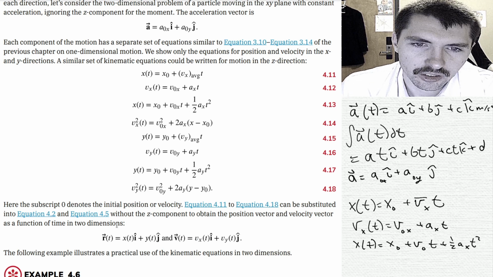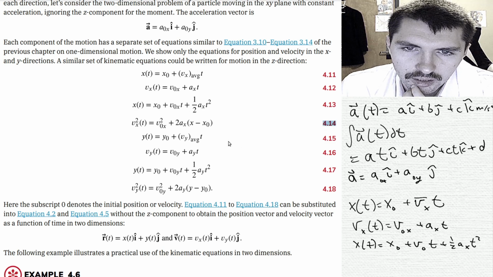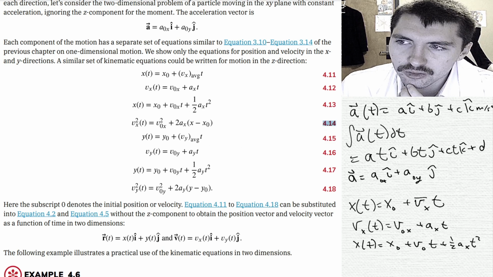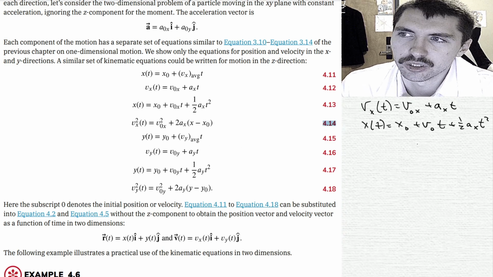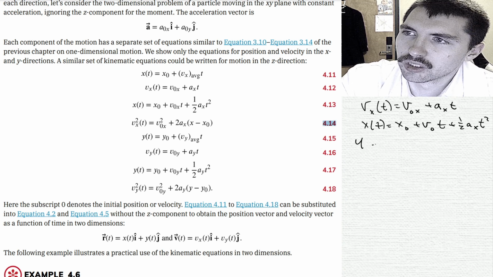So you can see after 4.14, it just repeats. So really it's only four equations.